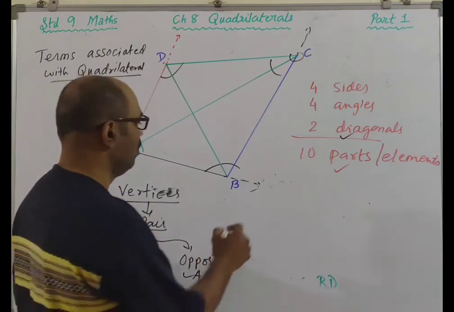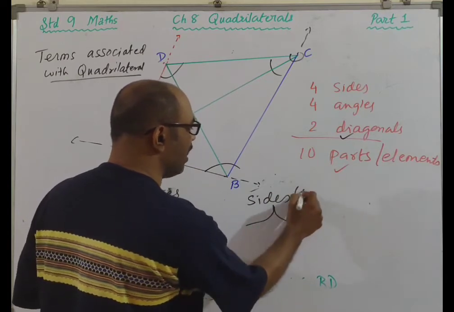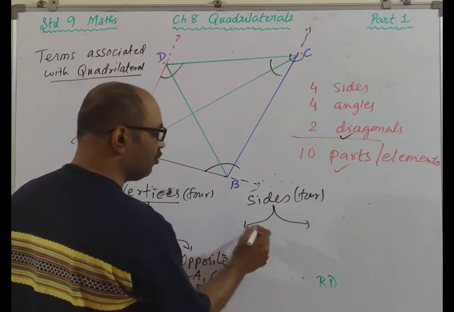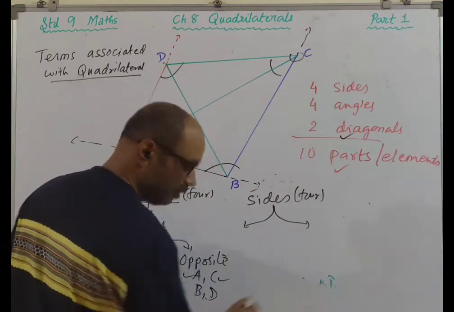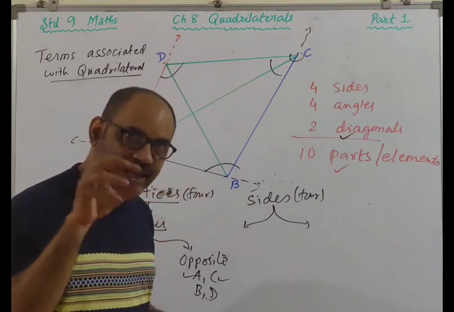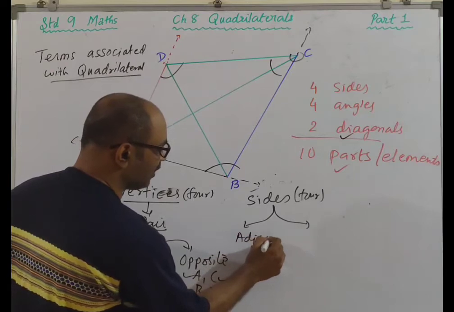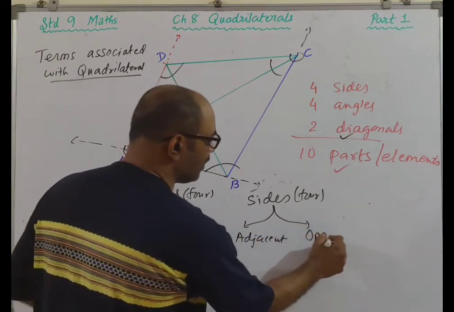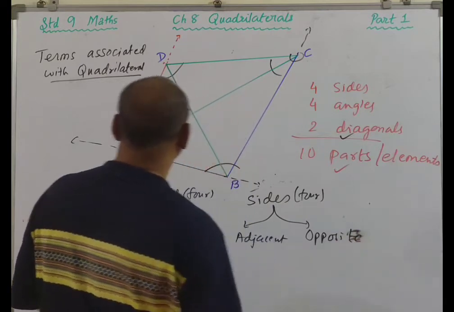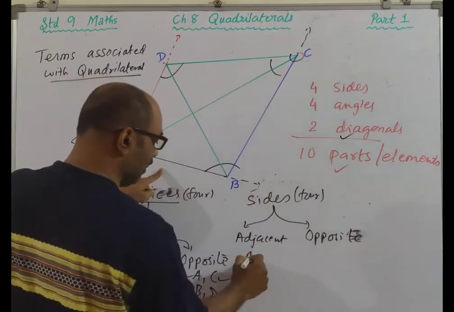Alright. Now let's talk about sides. Sides are also 4 in number. If I choose them in pairs, you will have 2 types: adjacent sides and opposite sides. Let's see adjacent first.